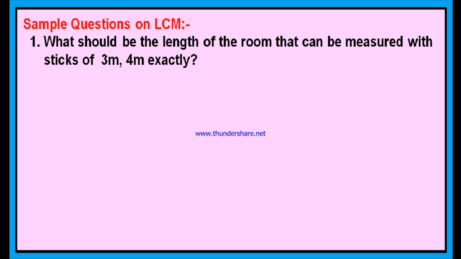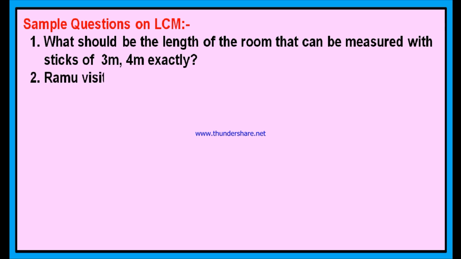What is the common multiple of 3 and 4? Which is nothing but 12. If the length of the room is 12 meters, then you can measure the 12 meters length using the 3 meters stick and also with the 4 meters stick. Therefore 12 should be the answer. Here is the first sample question.